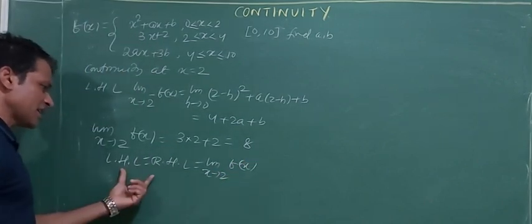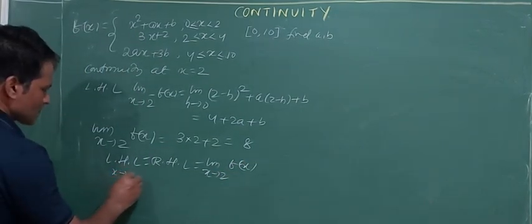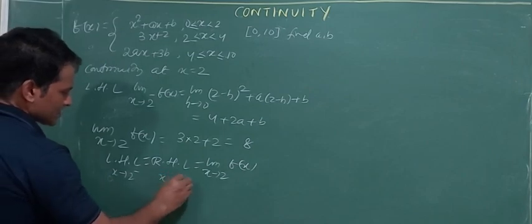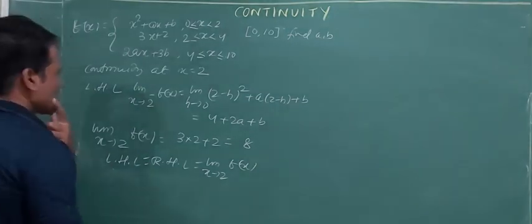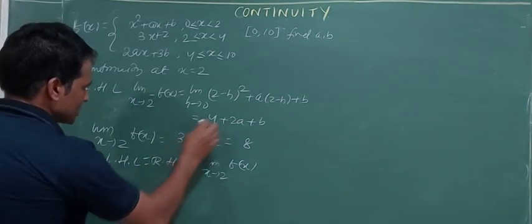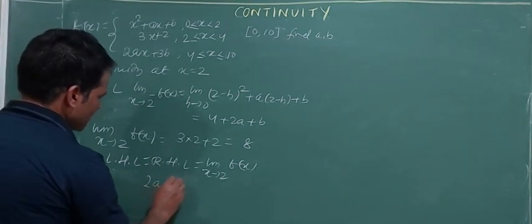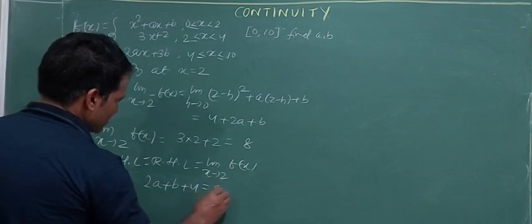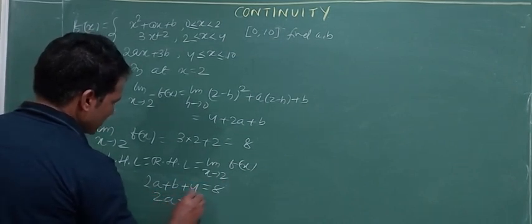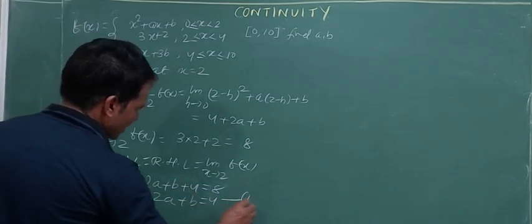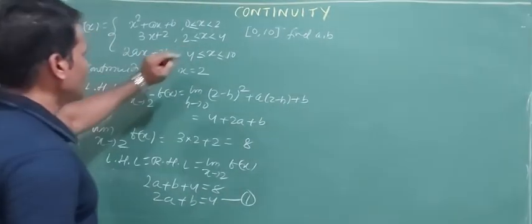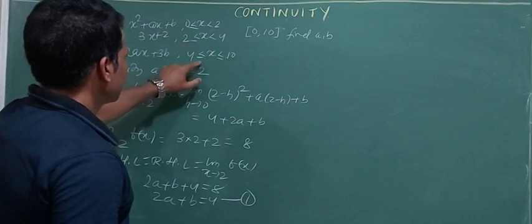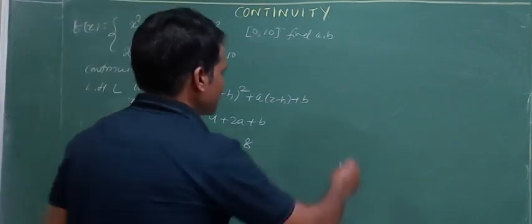That means this is 2 minus, this is 2 plus. So for 2 this condition is equal. Okay, so I have calculated LHL. So first condition I got 2a plus b plus 4 is equal to 8. 2a plus b is equal to 4, equation number 1. That I got. Then I go with the other condition.